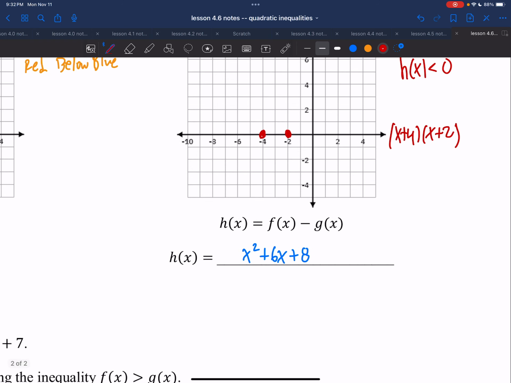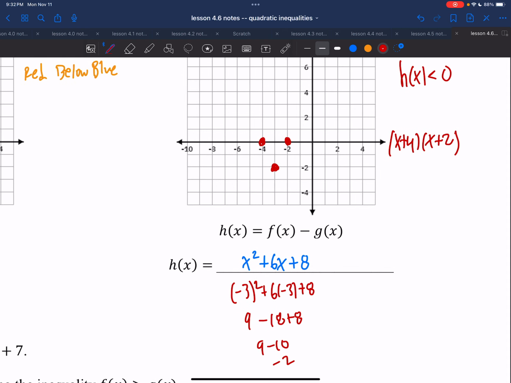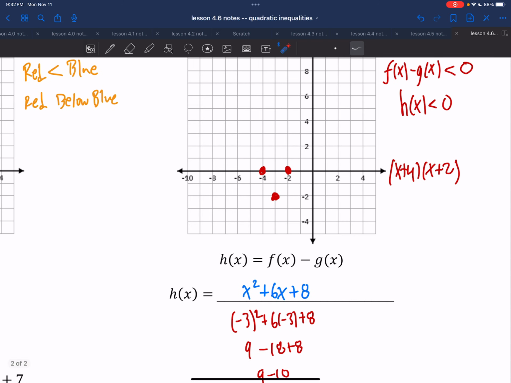So we could plug in -3 for x, and that would be 9 minus 18 plus 8. That's like 9 minus 10 is -2. So my vertex would be right there. And if you don't believe me, you're saying, where did he even get that? I say, look, these are the roots, and the roots are symmetrical from something, so the vertex would have had to be halfway between.